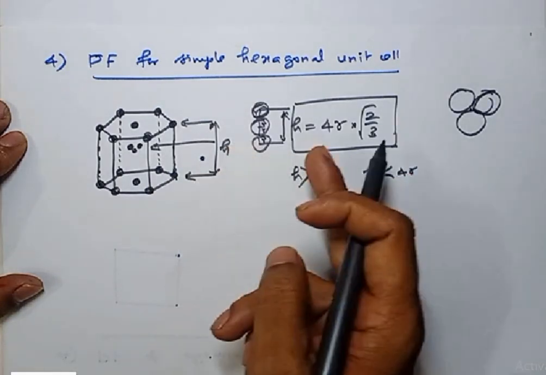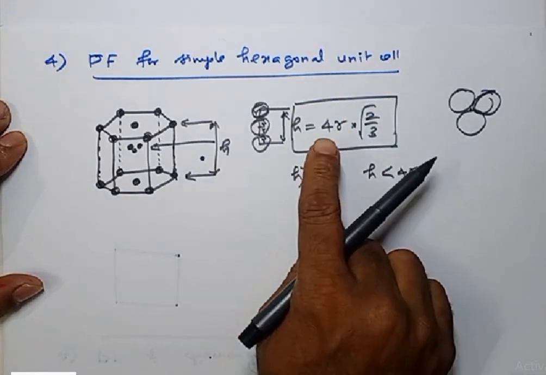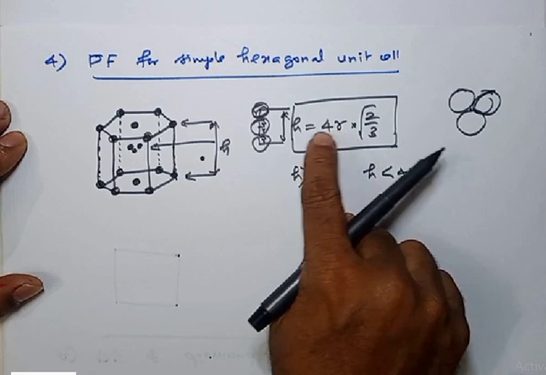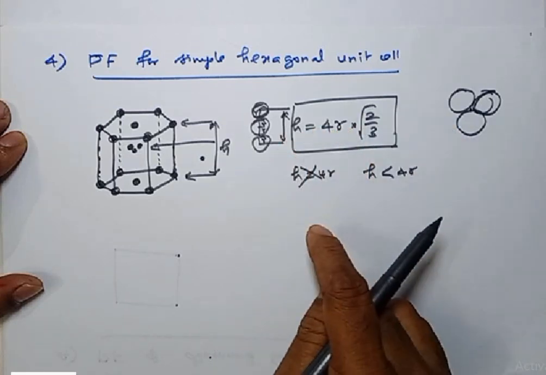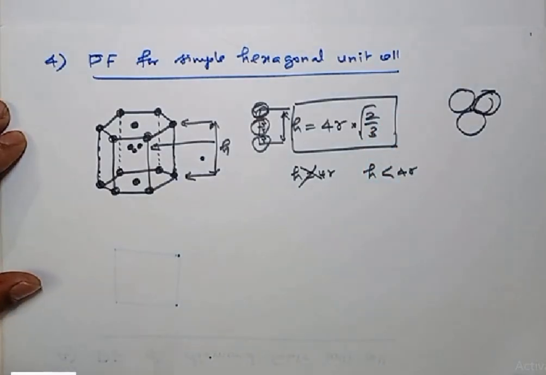We can derive it, but here I have given the value without derivation. We expect the height to be 4r, but it is less than 4r. How much less? It is square root of 2 by 3 times 4r. Take note, this is the height of the unit cell.